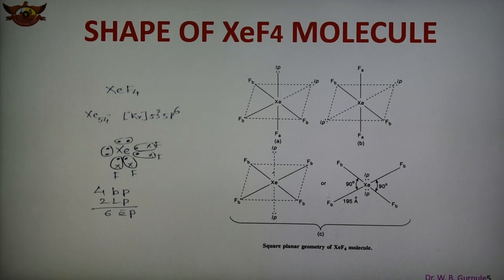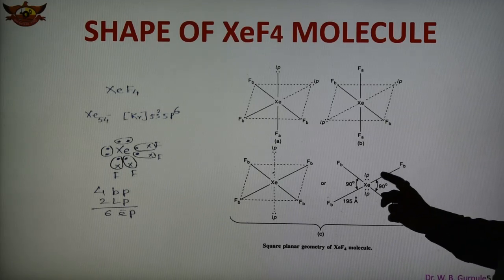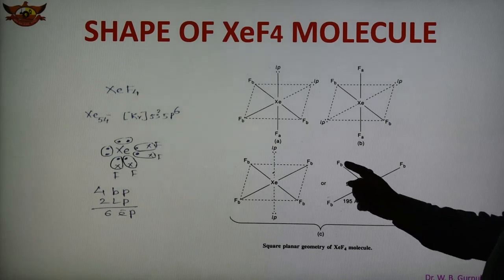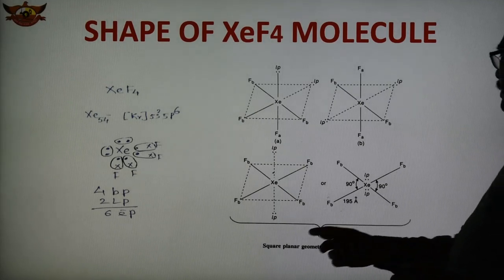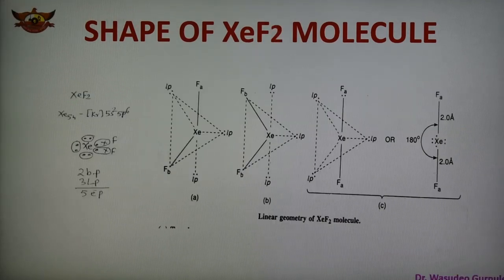So these 2 are the angles, F xenon F 90 degrees. Here this is also 90 degrees. So this is the geometry of the xenon tetrafluoride molecule. So square planar geometry: because of the presence of 6 electron pairs, the shape is octahedral, but due to the presence of 2 lone pairs, the shape is also considered as a square planar geometry.